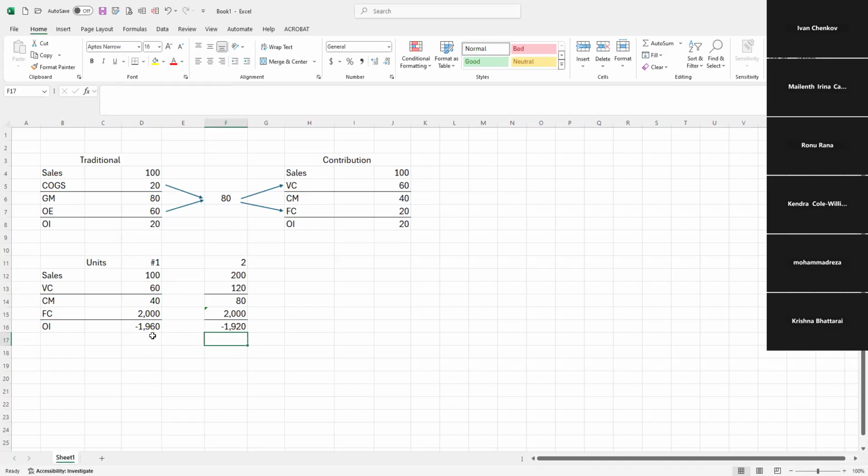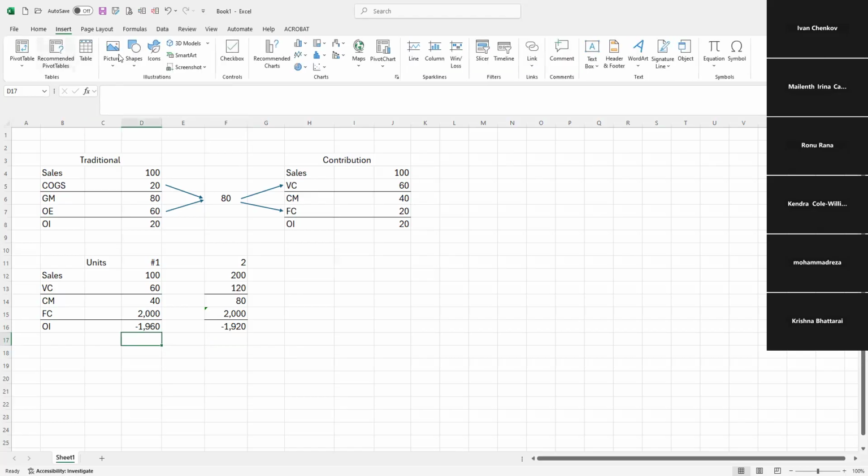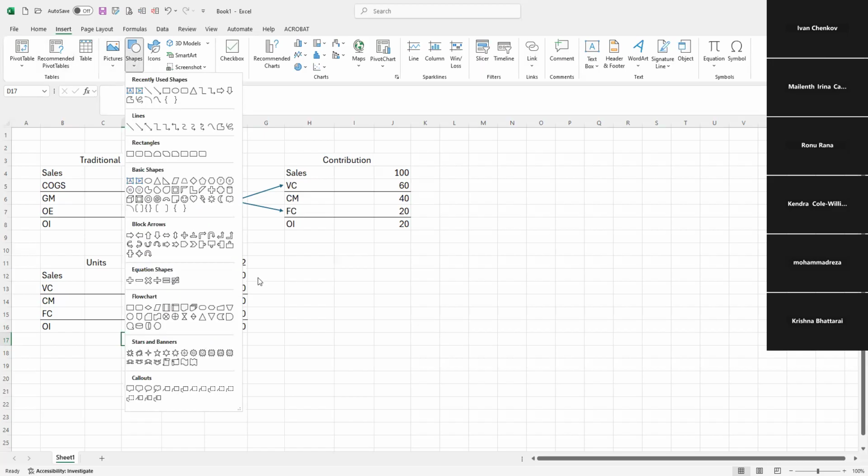By exactly, as you can see, the difference now is, let me see if I can find the right shape here.